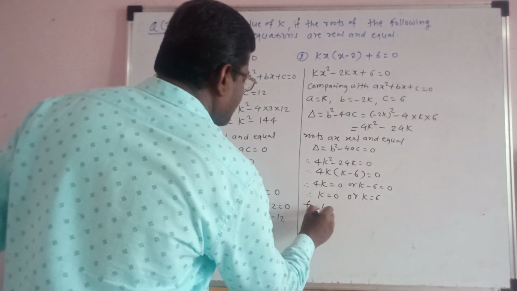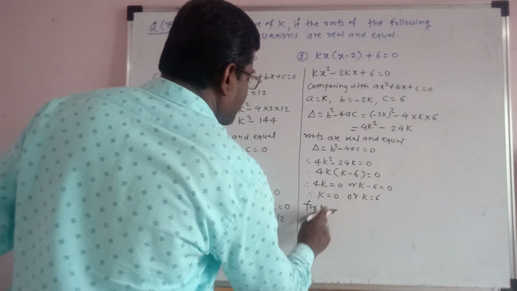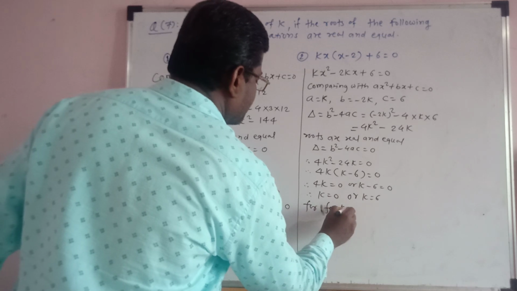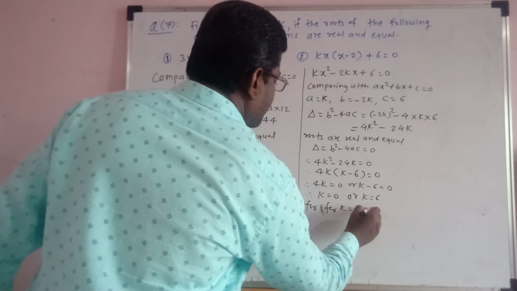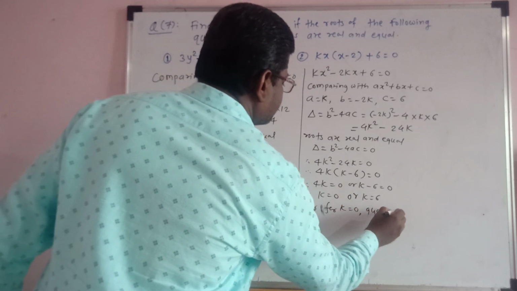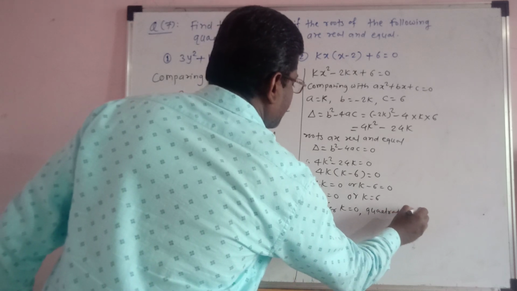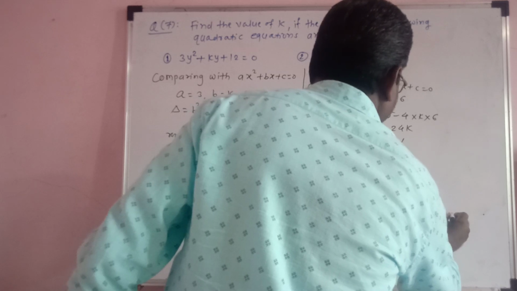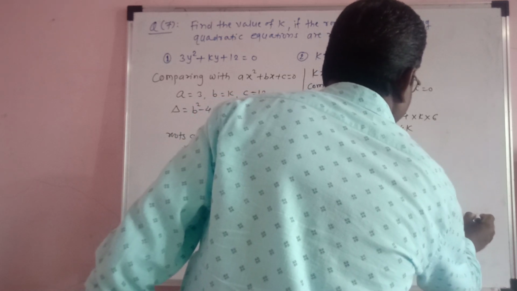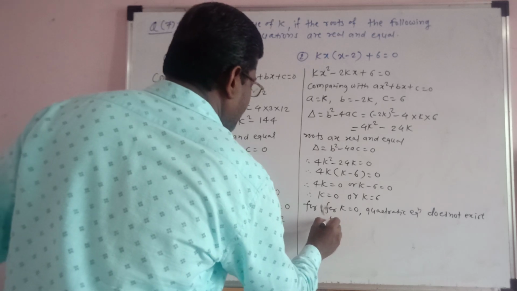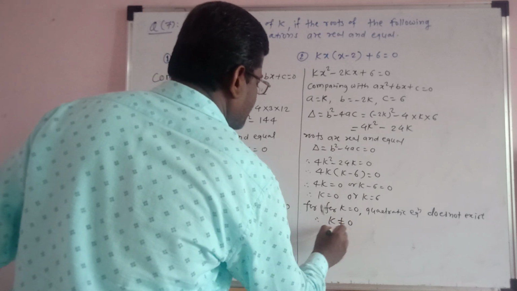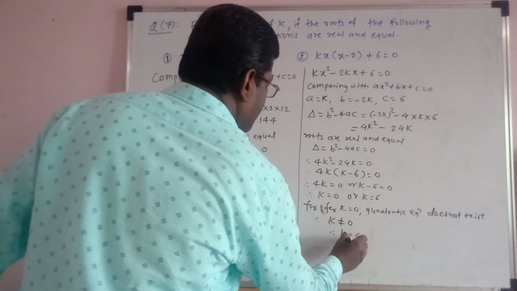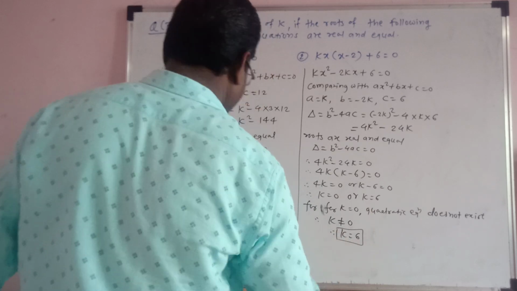Therefore we write for k is equal to 0, quadratic equation does not exist. Therefore k not equal to 0. Therefore we have the value k is equal to 6.